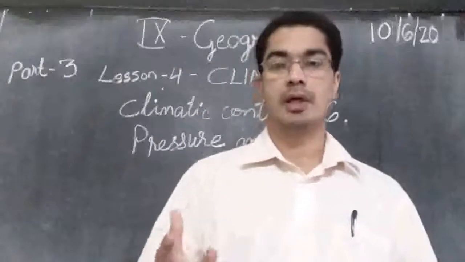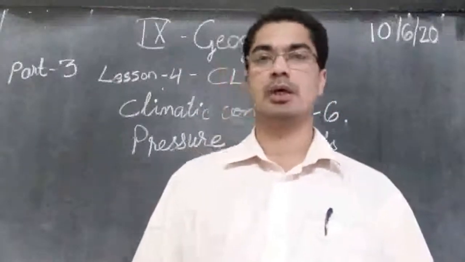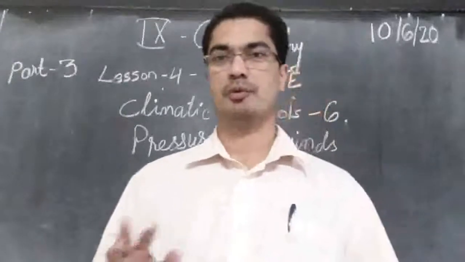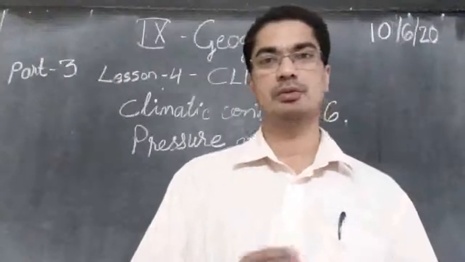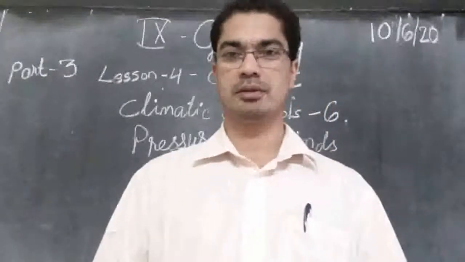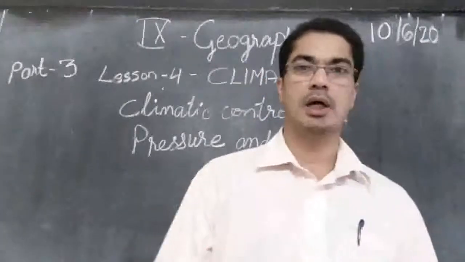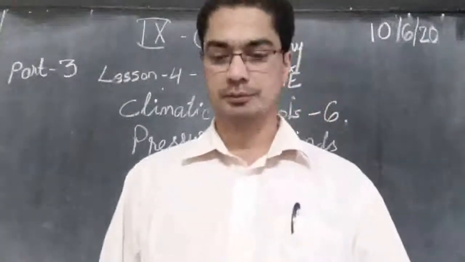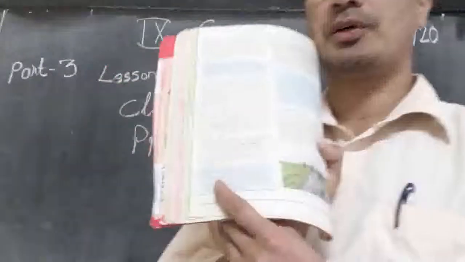So we have the westerly jet stream and the easterly jet stream. So remember these two. Westerly is blowing between 27 to 30 degree north, and the easterly jet stream is blowing at 14 degree north. Then there is a note given there about the jet stream.